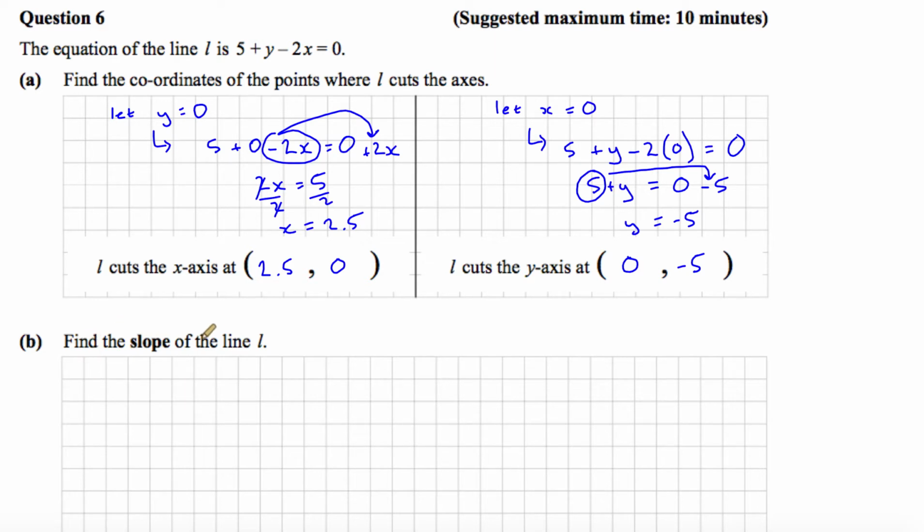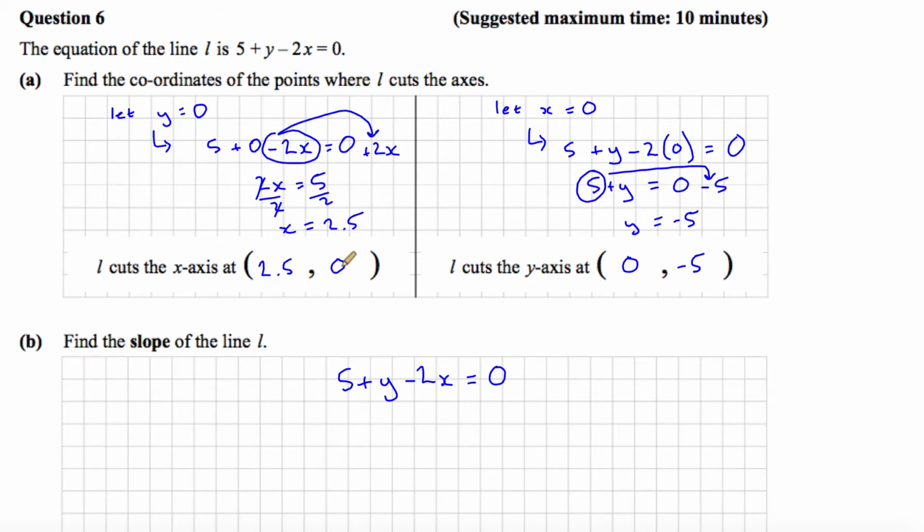Part B says find the slope of the line L. Okay, well, if we've got the equation like so, if you want to find the slope of the line, there's a few ways you can do this. First of all, you can use the slope formula on any 2 points on the line.